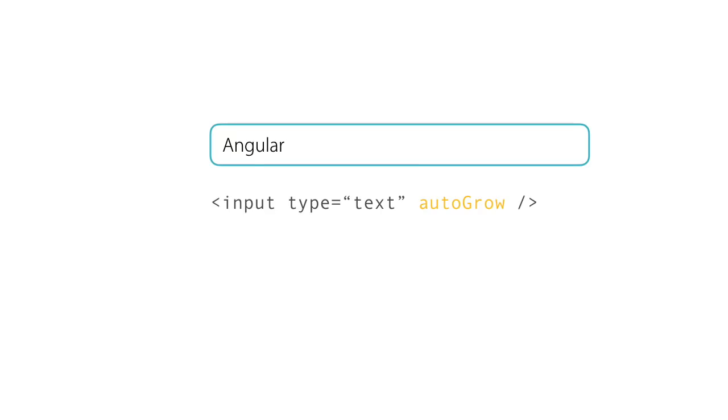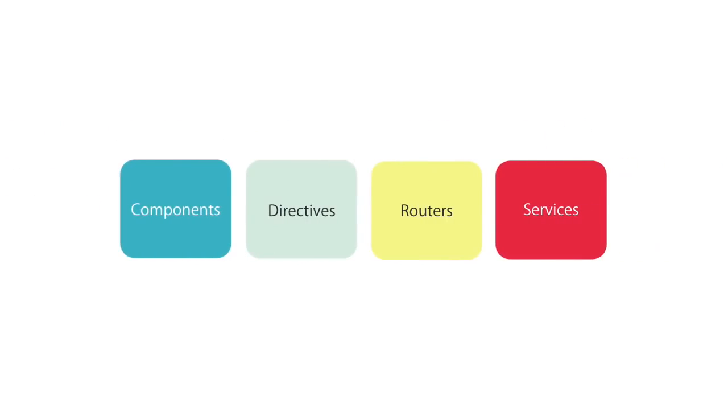Angular has a bunch of built-in directives for common tasks like adding or removing DOM elements, adding classes or styles to them, repeating them, but we can also create our own custom directives. So this is the big picture. As you go through this course, you will see each of these building blocks in action.